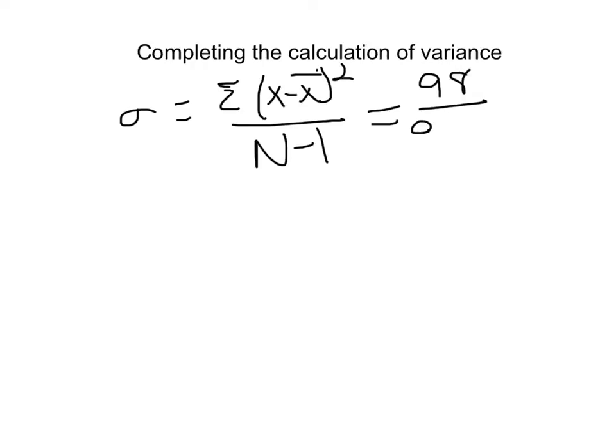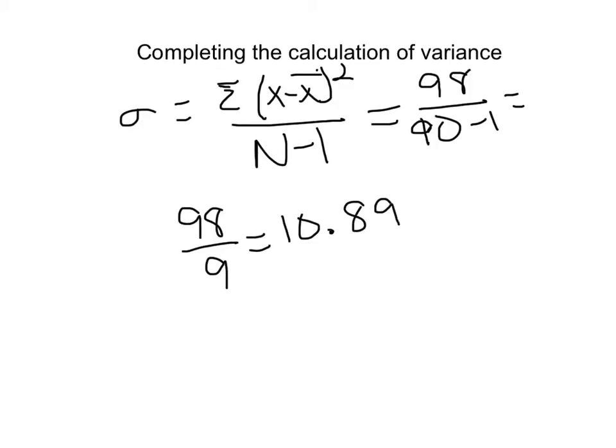I'm going to divide by 10 minus 1, because 10 is my n, and I'm going to subtract 1. So I have 98 divided by 9, which is going to give me 10.89. So my variance then is 10.89. That's the average amount that each data point varies from the mean.